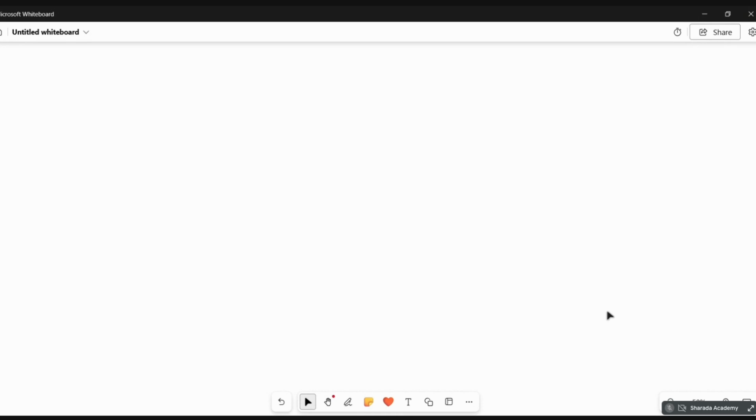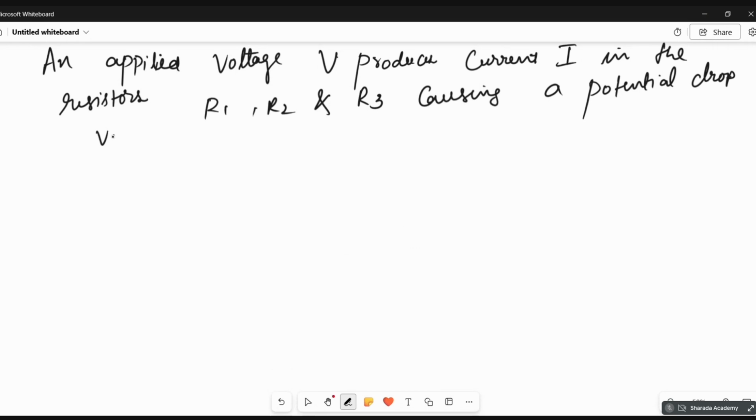Potential drop also same thing, voltage only. Okay, potential drop V1, V2 and V3 respectively.